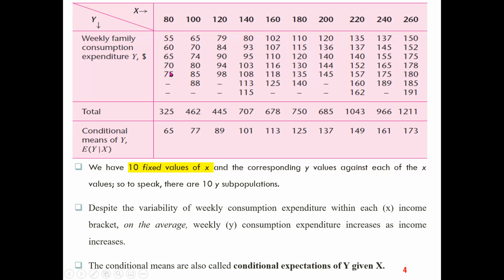So this first column may be called the first subpopulation. Then the second column may be called the second subpopulation. That is why you see the statement here that we have 10 subpopulations of Y or consumption, right?